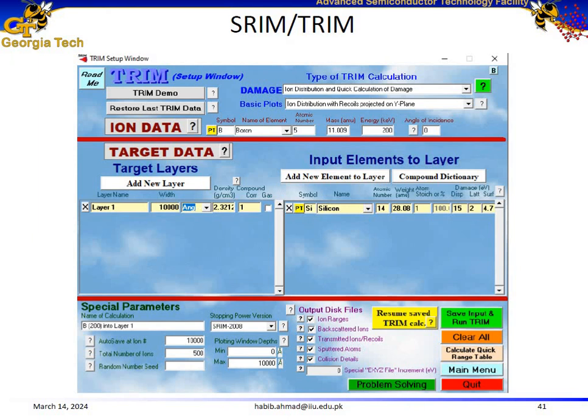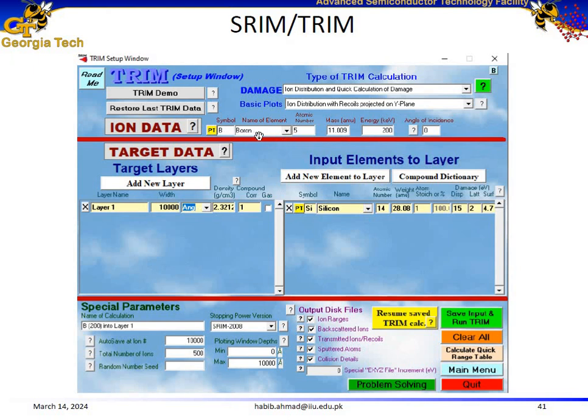There are a couple of really useful softwares for the simulation of ion implantation. One software is SRIM and TRIM. Here you can define the host material. It could be elemental, or there is also a dictionary of compound semiconductor materials. Then you define the dopant.